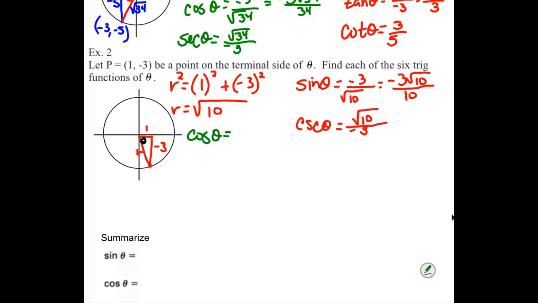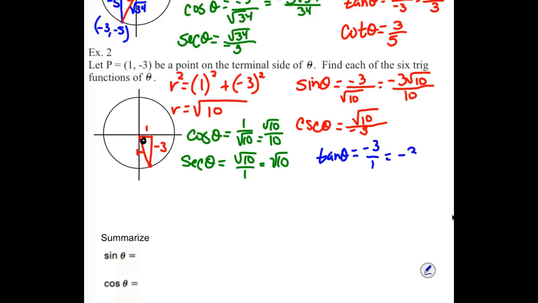Cosine is adjacent over hypotenuse, so 1 divided by root 10, or root 10 divided by 10 once it's rationalized. And then secant is our reciprocal, so root 10 over 1, or just plain root 10. Tangent is opposite over adjacent, so negative 3 divided by 1, or just negative 3, and cotangent would be negative 1/3, the reciprocal.